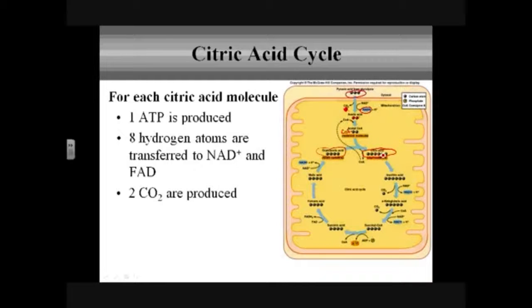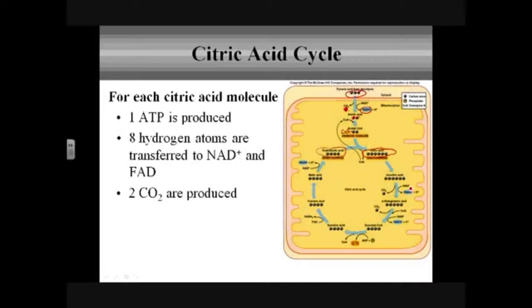Then basically the 6-carbon molecule goes through a series of reactions as it moves through the cycle. Oftentimes it's losing a carbon molecule in the form of carbon dioxide. Sometimes it's giving off electrons and hydrogens for the NADH molecules to be formed.